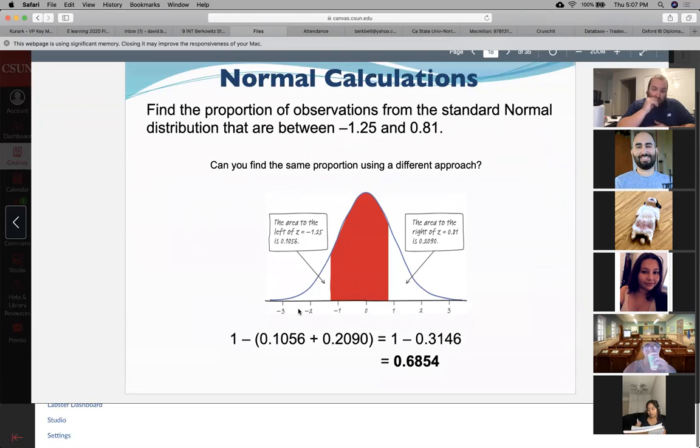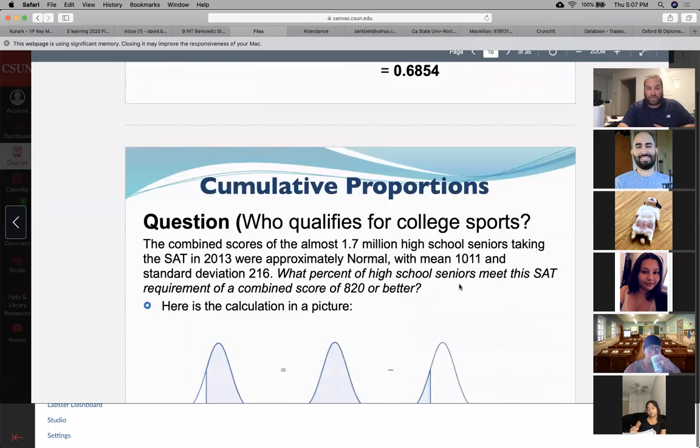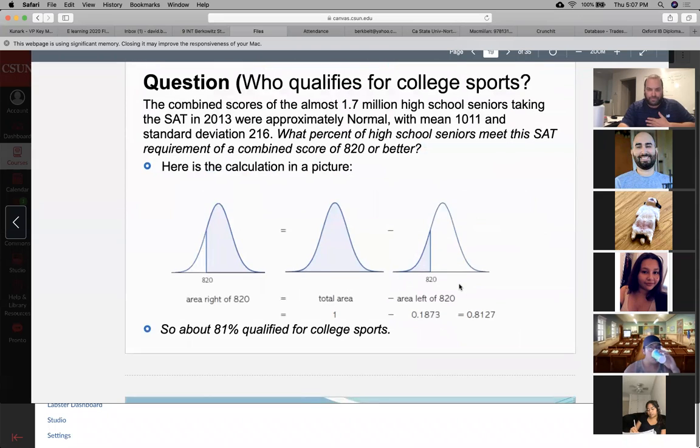So you can do this in multiple ways. The way that this particular slide did it is they calculated this part and this part, added them together, and then 100% minus that gives me the red. You can do to the left, and then subtract, or to the right, and then subtract. There's multiple ways. I don't care. Get the right answer. That's all that matters to me.